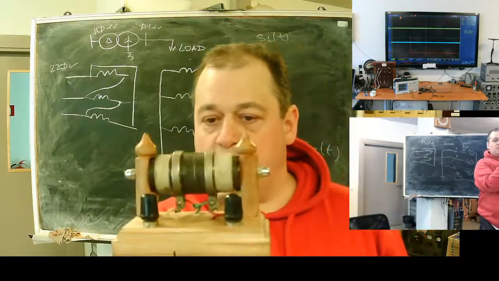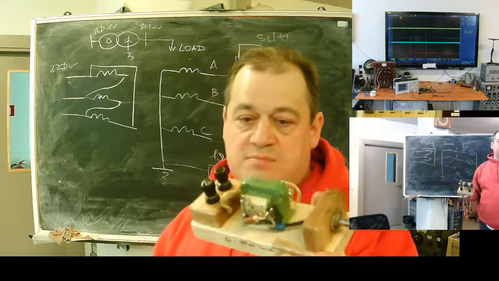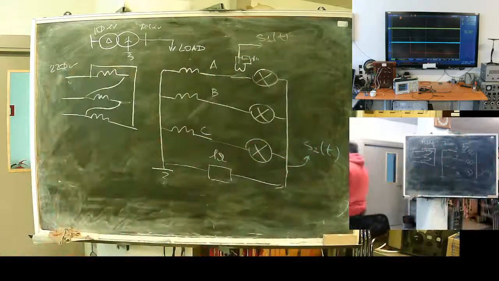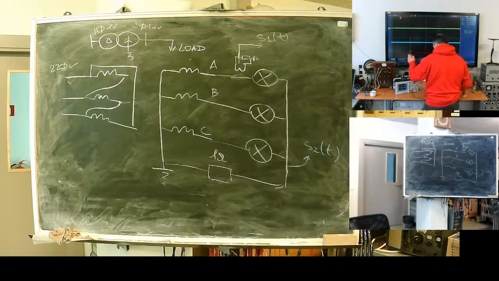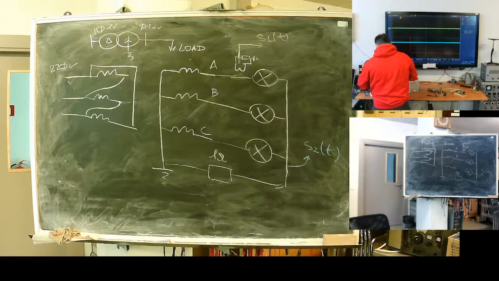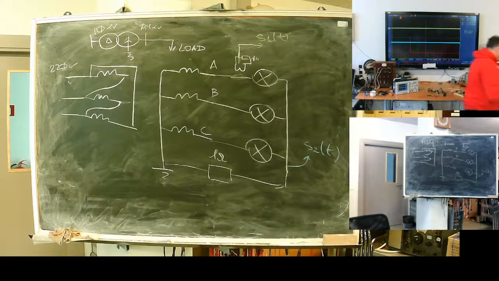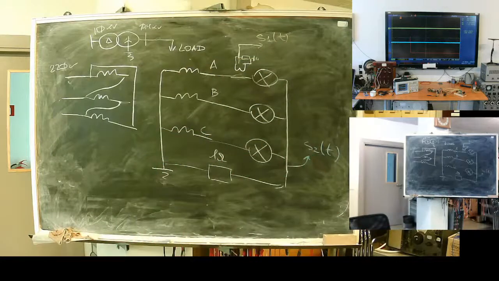Where am I? 1 ohm resistor and current transformer. Wires, more wires.